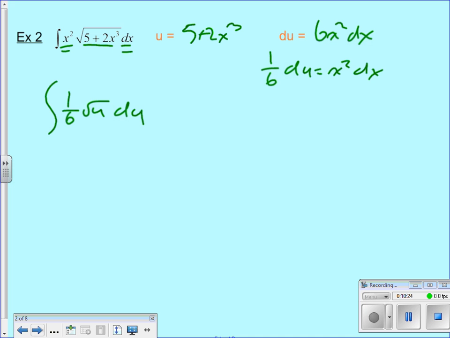You with me? Now there's some tricks to being able to take the antiderivative of this. My first trick, pull the constant out front of the integral so I can ignore it while I'm doing my antiderivative and rewrite the square root as an exponent. 1/6 the integral of u to the 1/2 du.